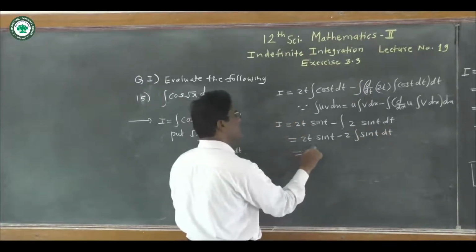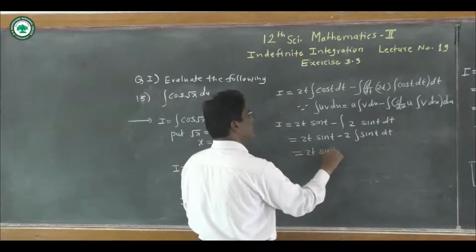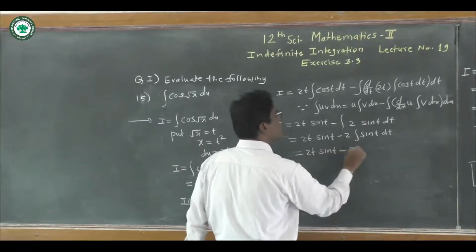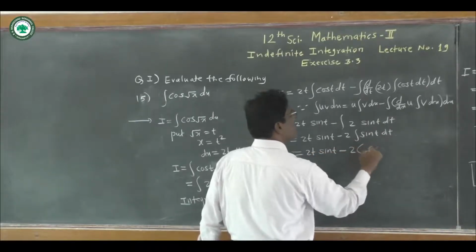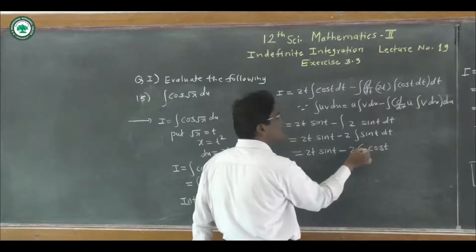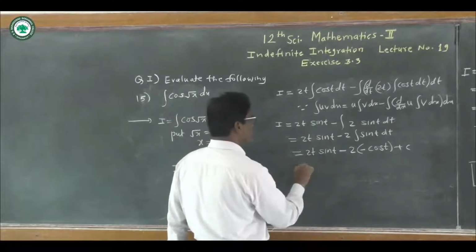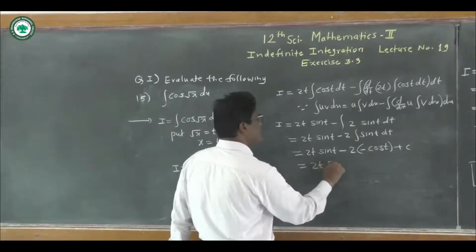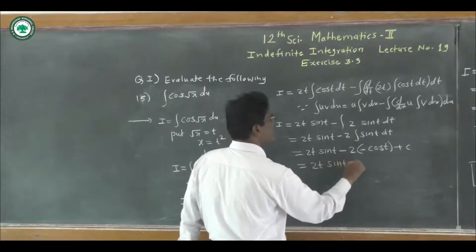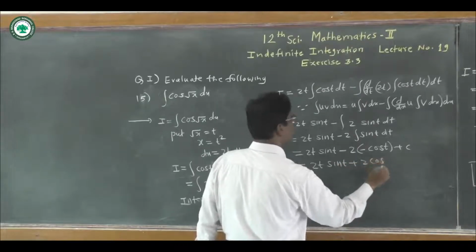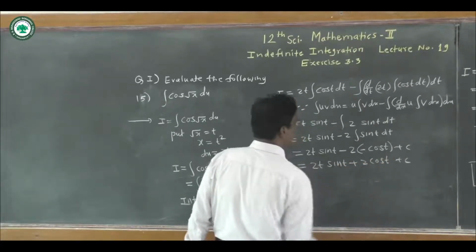So it is 2t sin t as it is, minus this 2, integration of sin t is cos t. The answer starts with c, so minus, and plus constant of integration. So 2t into sin t, this minus becomes plus 2 cos t plus constant of integration.